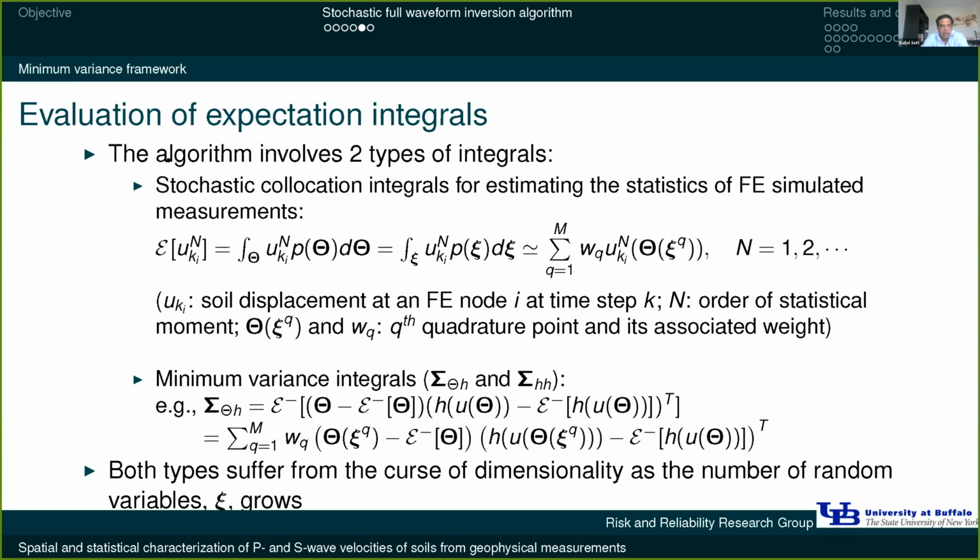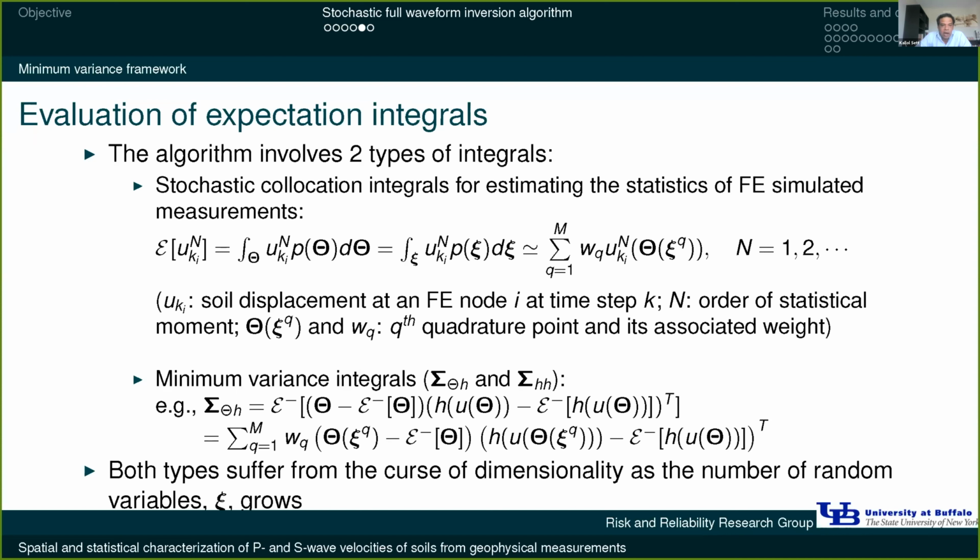Over here, I have shown this is finite element displacement u, and epsilon is the expectation operation. So expected value, and then there are minimum variance integrals like sigma theta h and sigma hh. For example, here I have shown how sigma theta h will look like. So I have used some numerical quadrature rule to express how we are going to evaluate that numerically.